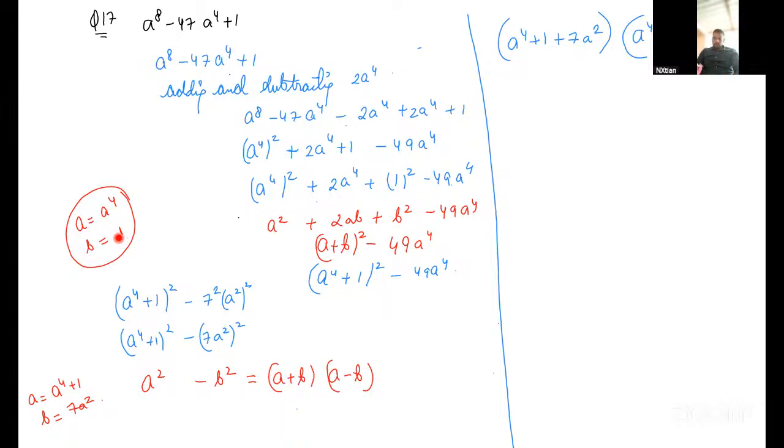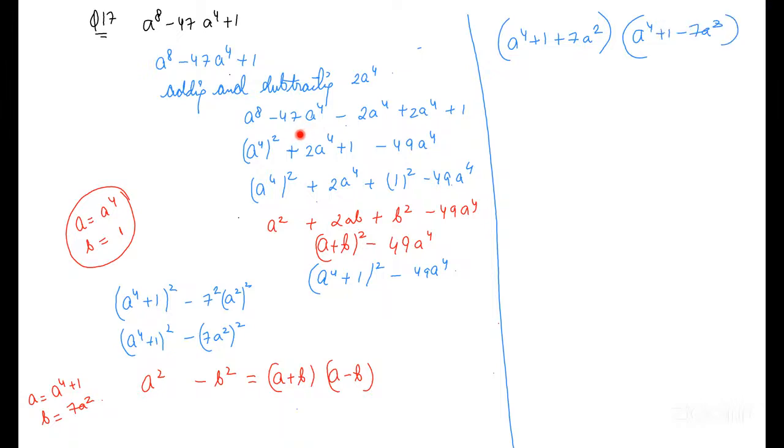But I don't have 2ab. So what I did, I added 2 into a to the power 4 into b, which is 1. So I just did like this, adding and subtracting 2a to the power 4. Why? So that I can get a square plus b square plus 2ab. Did you understand? Everyone? Jashan, Petya, Ira, Joshua, Sam.